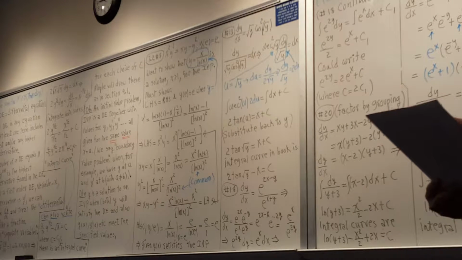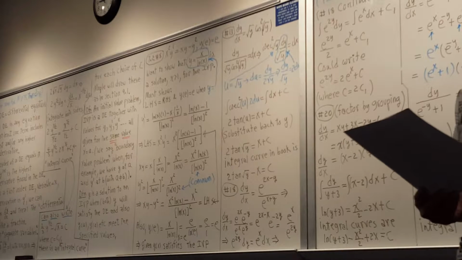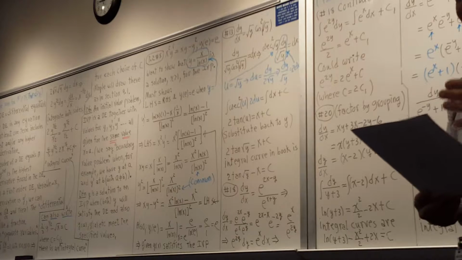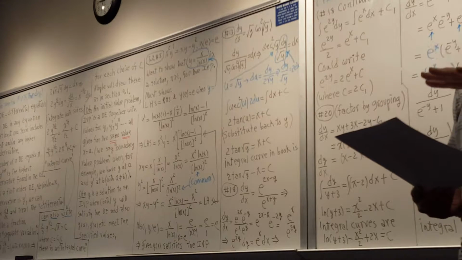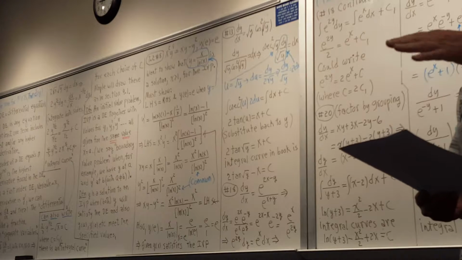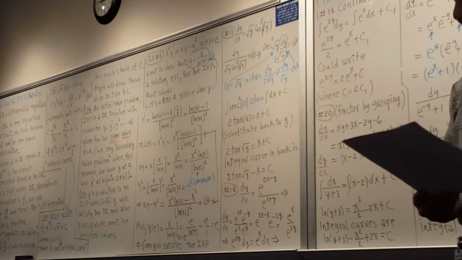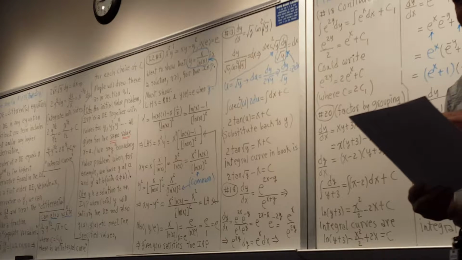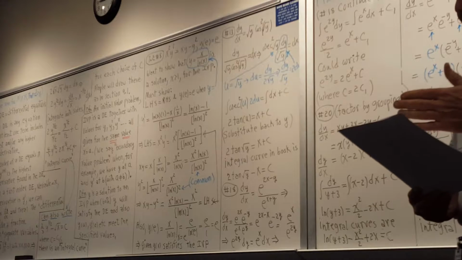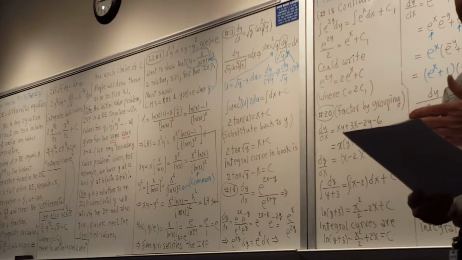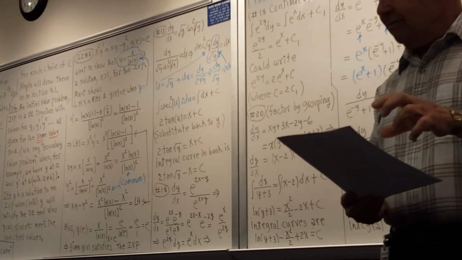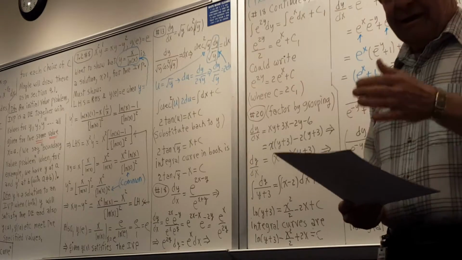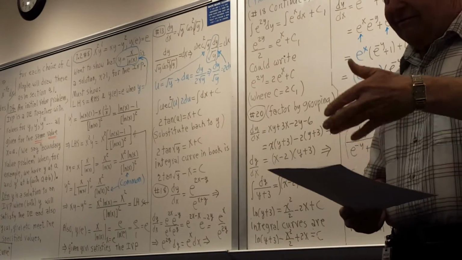Maple has the command dsolve, and so you type dsolve, and then any Maple command, after you get done typing the letters, you have to put in a parenthesis. And then you have to write your differential equation, and if you are doing an initial value problem, you have really a system of equations, because the differential equation is one equation, and then the initial value, y of 0 equals.